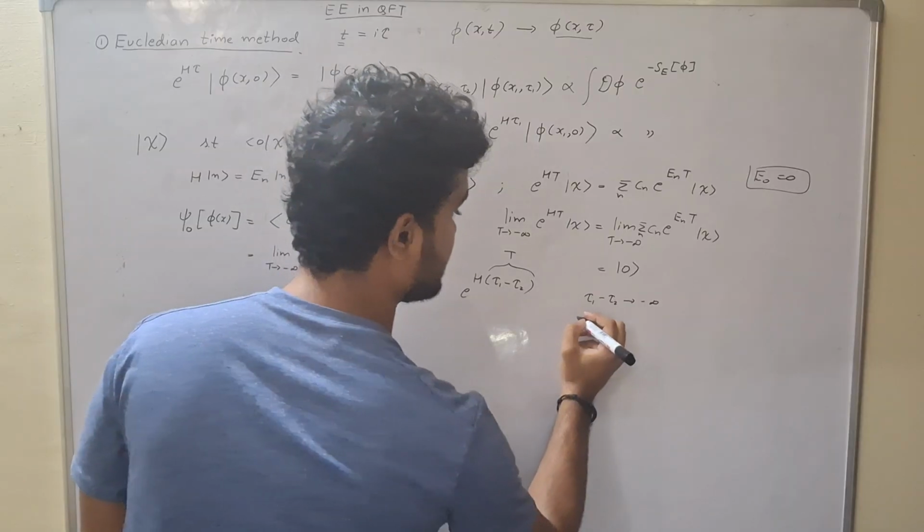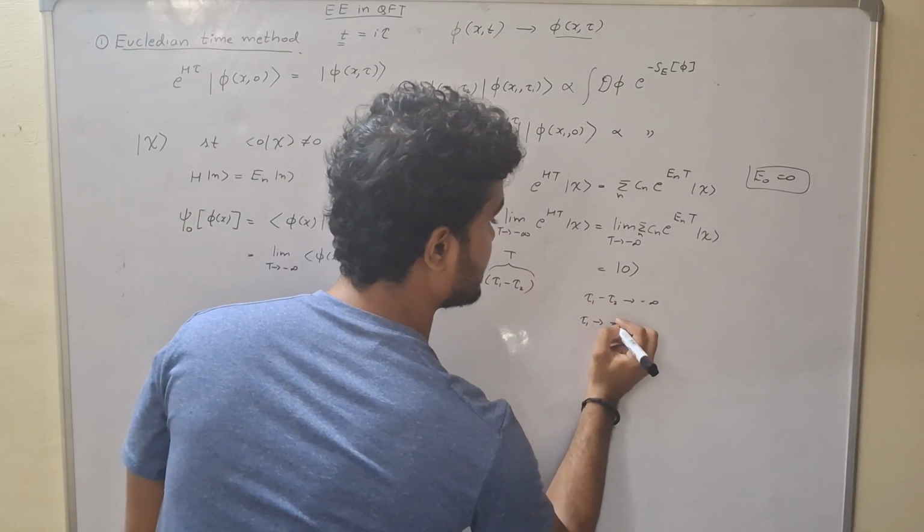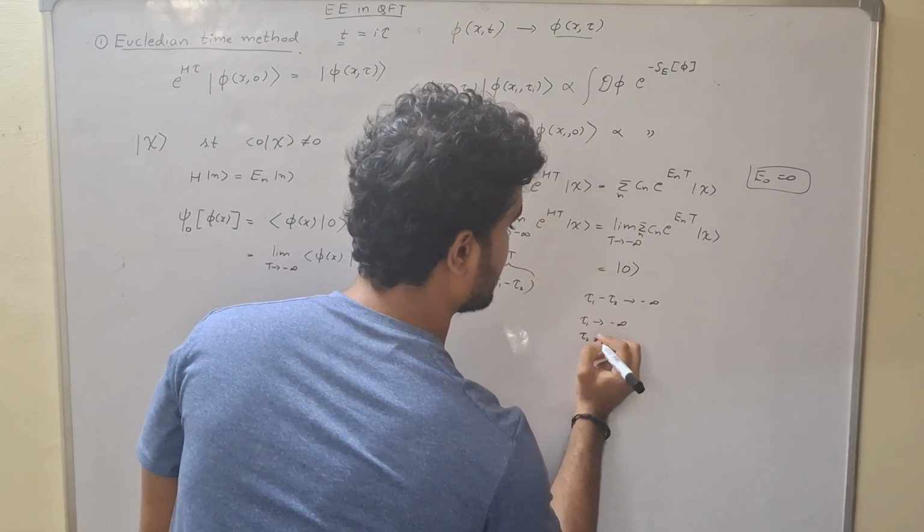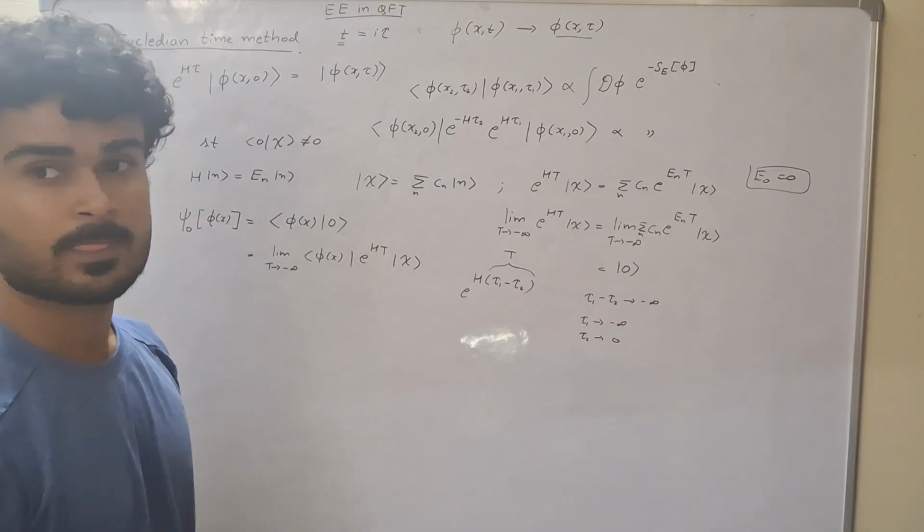So let tau 1 go to minus infinity and tau 2 go to 0.